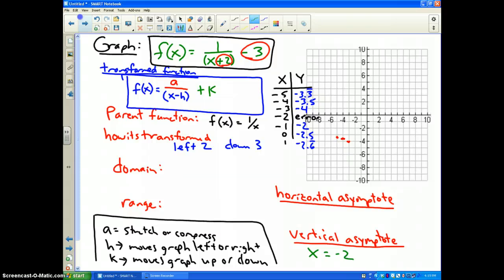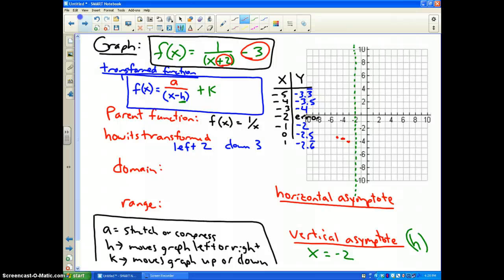X equals negative 2 is going to be my vertical asymptote because that's where my error occurs. All right, and it also tells me that the h value is the vertical asymptote. So right here, this h value, h will be your vertical asymptote.